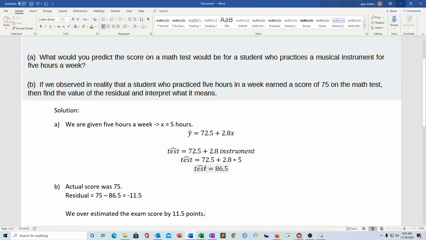We thought their exam or test score was going to be 86.5, but it was only 75. So our estimation was wrong. We overestimated, and we did it by 11.5 points. And there you go.